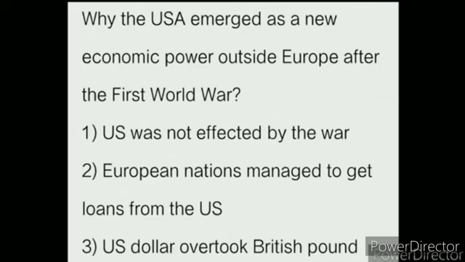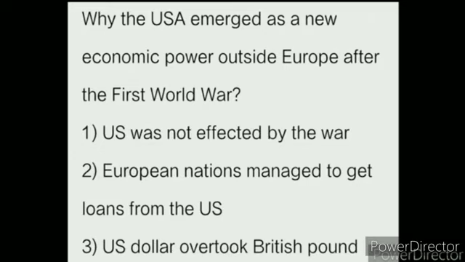After the war, the world slipped into another tragedy, that is, economic depression. The United States of America emerged as a new economic power outside Europe after the First World War. What are the reasons behind it? 1. America was not affected by the war.